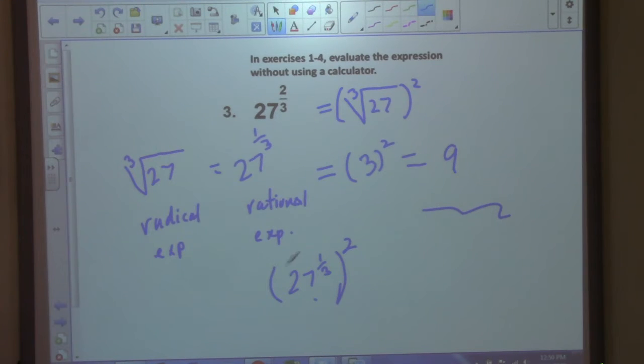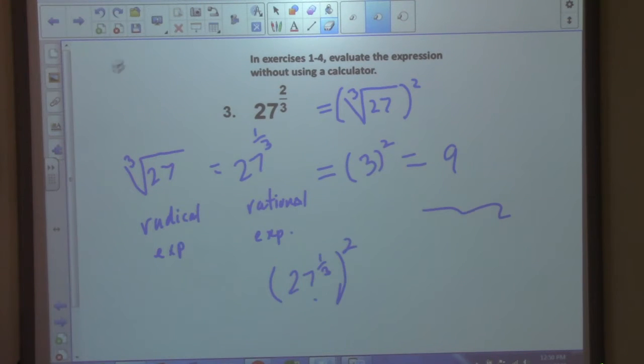You can rewrite 27 to the 1/3 power as the cube root of 27, and that's one that you should be able to do in your head, right? Cube root of 27 is 3, and then 3 squared is 9. We're going to do some exercises in that later.